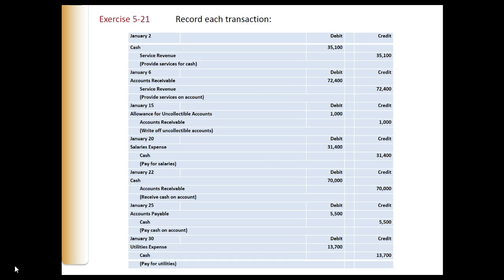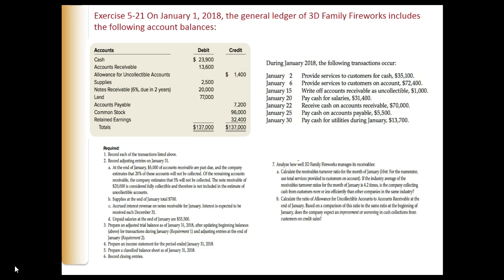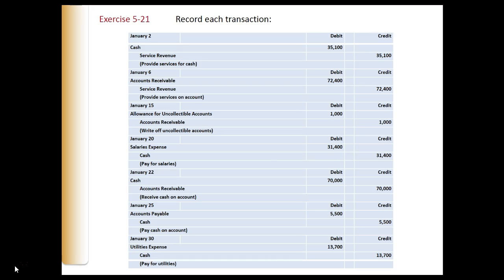So as you see, if you go back to this slide, each of these transactions is being reported here, showing the cash for revenues, showing the revenues on account on January 6th, showing the account uncollectible, how we debited our allowance and we credited our accounts receivable, paying salaries, collecting cash on accounts, paying cash on accounts, and then paying our utility bill.